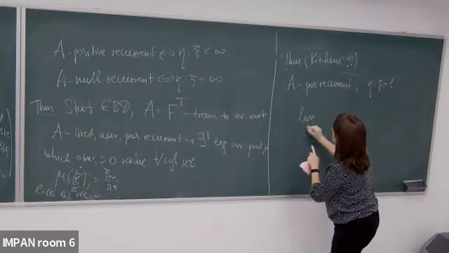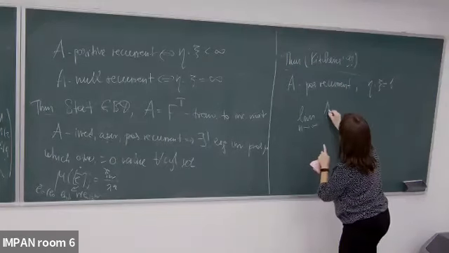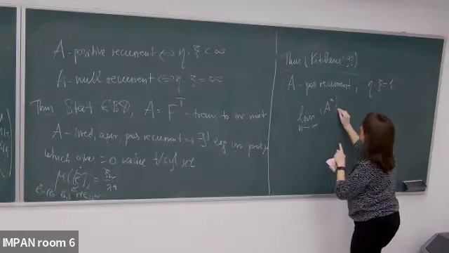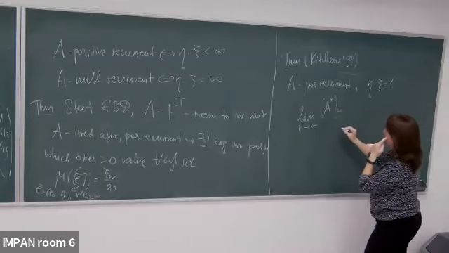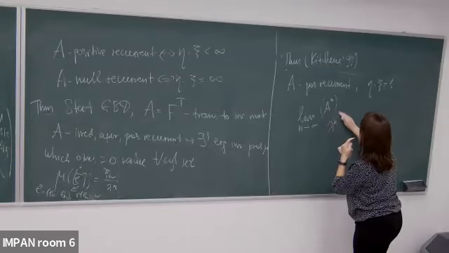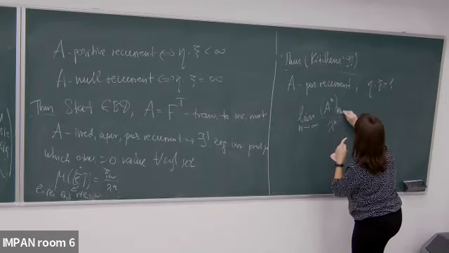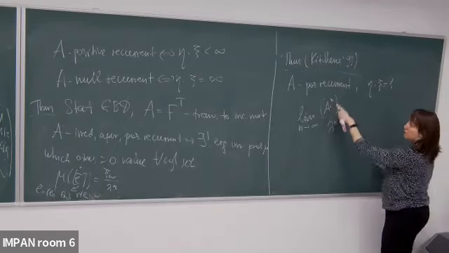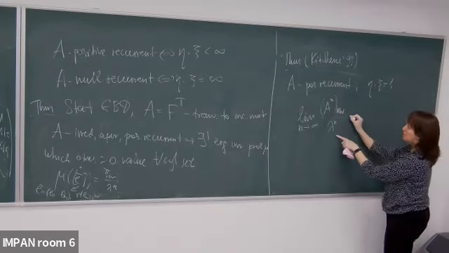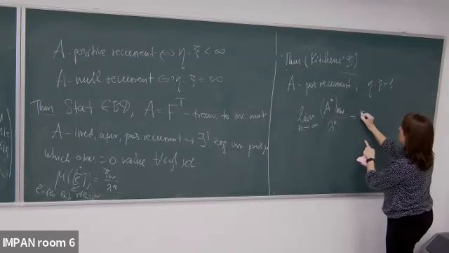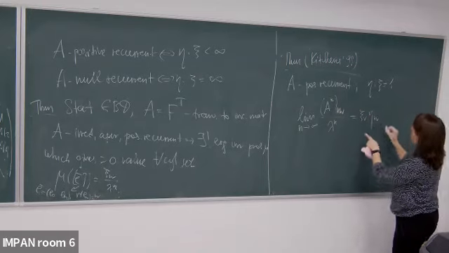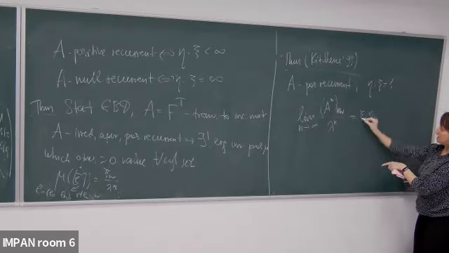Then the limit as n goes to infinity of A to the power n, element (v, w), is equal to the product of the eigenvector entries, the column times the row. So we get a matrix.